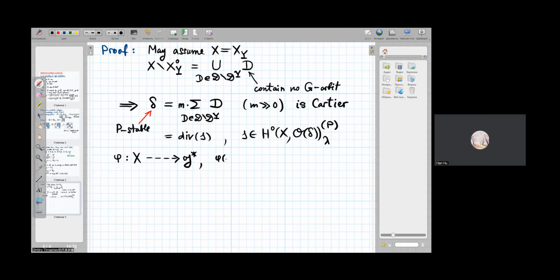So phi of x should be a point in here, that is a linear function on g. And this linear function is defined as follows. The pairing of this phi of x with any element in g is by definition the following. You consider this canonical section S. You apply this element psi to this section.